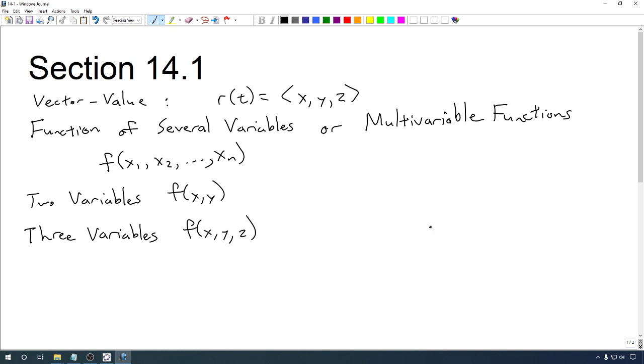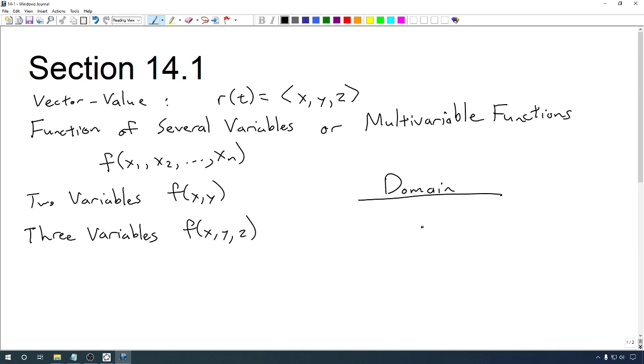But before we even get into graphing these, we need to talk about the domain of them. So the domain of these functions are not going to be just intervals. They're not going to be just sets in the real line. We actually need to work with points in the plane or three-dimensional space, depending on whether we're doing two or three variables.